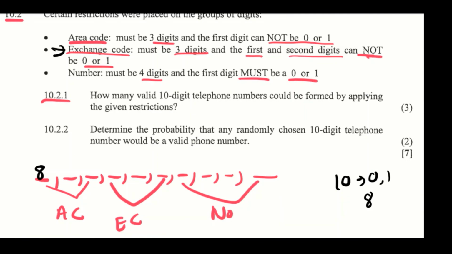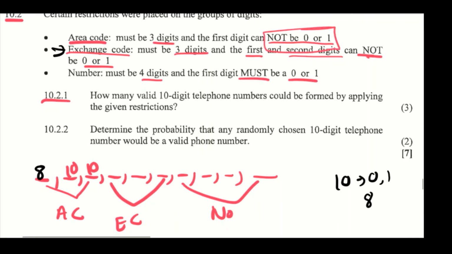So what's going to happen is this: the exchange code, the first and second digits cannot be 0 or 1, right? Let me just first complete the area code. So it's going to be 10 here and 10 here, since I've satisfied this condition.